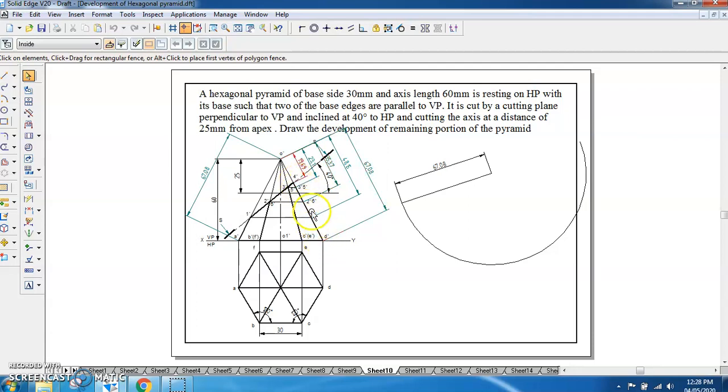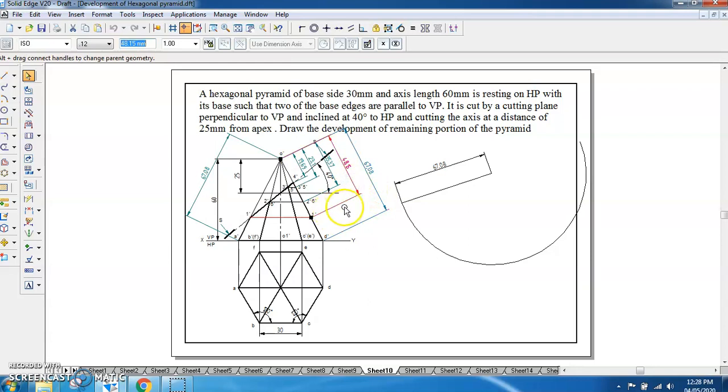Once we project all these points on DO, where DO is representing its true length, all the points will have their true length from their respective edges. So AO, BO, CO, DO, EO, FO all will have the cutting points at their respective distance from the apex. So this is the DO edge.